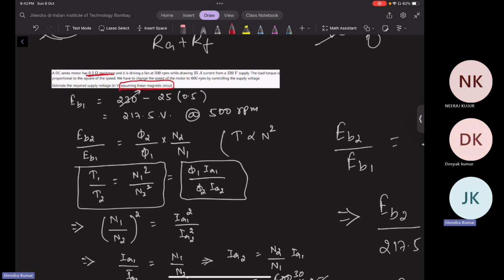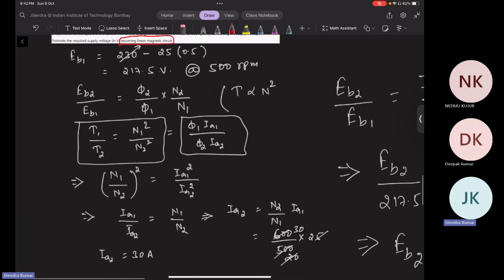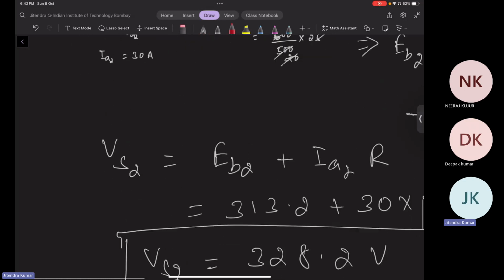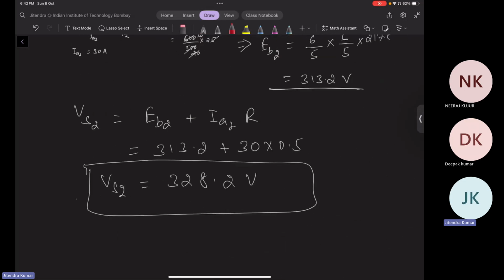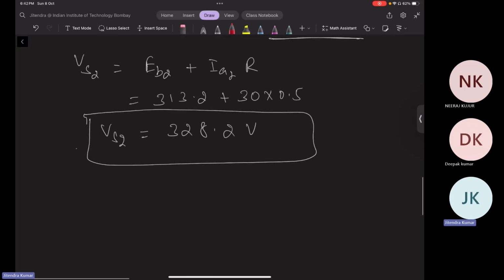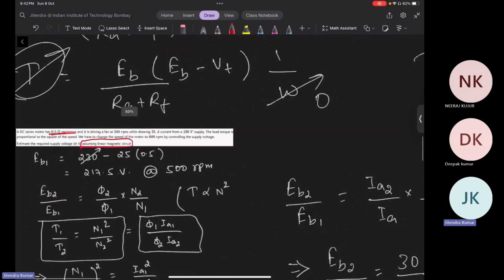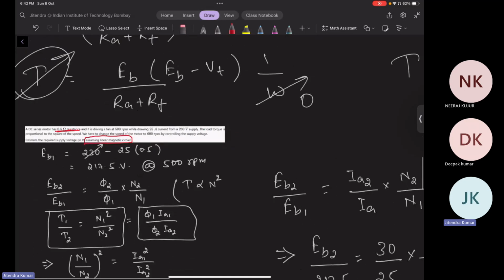Now what will happen if we remove the linearity and we have to consider the practical scenario, which means we have to take saturation into account? Okay, so in saturation, for the same problem, what will be the supply voltage that we will end up applying when we have certain saturation in the circuit?